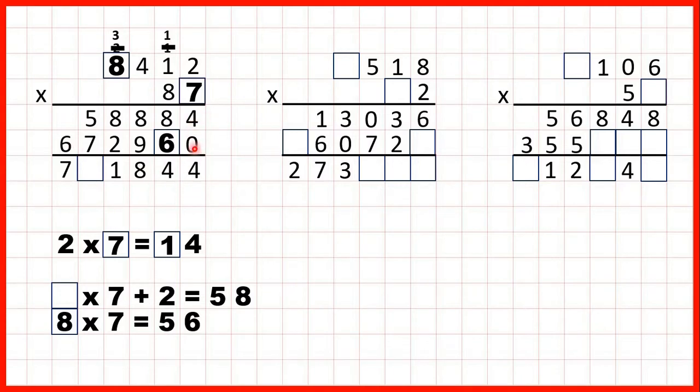So now 4 plus 0 is 4, 8 plus 6 is 14, so 1, 4. 1 plus 8 plus 9 is 18, so 1, 8. 1 plus 8 plus 2 is 11, so 1, 1. 1 plus 5 plus 7 is 13, so 1, 3. 1 plus 6 is 7. So we have a long multiplication that works.